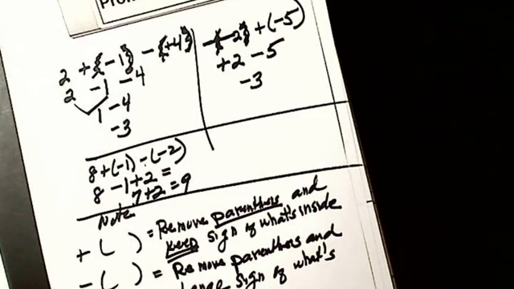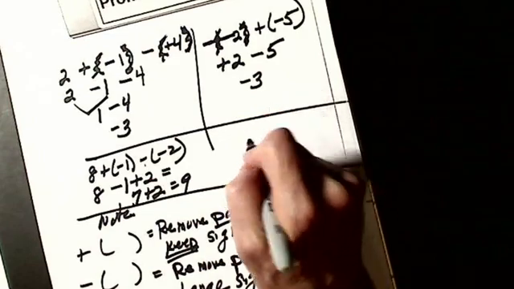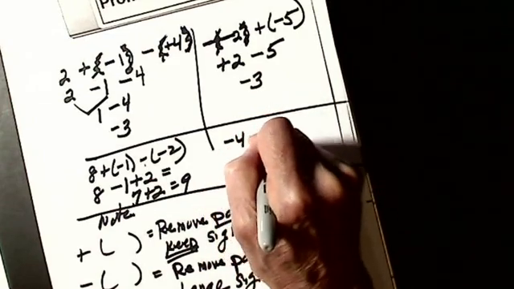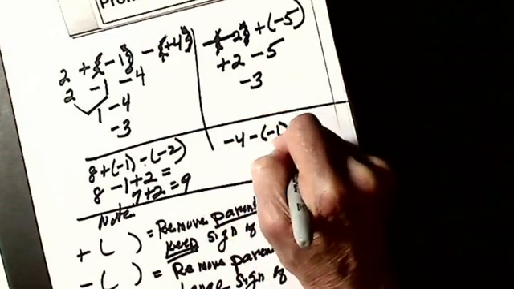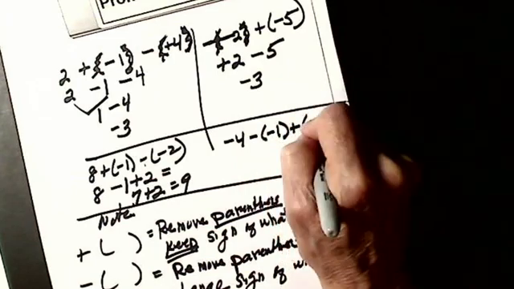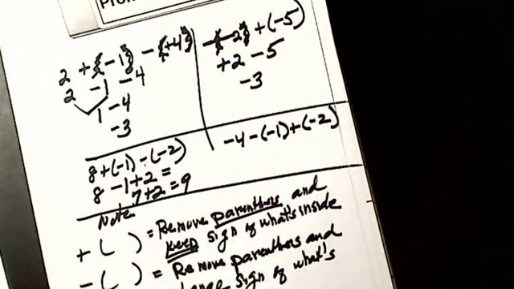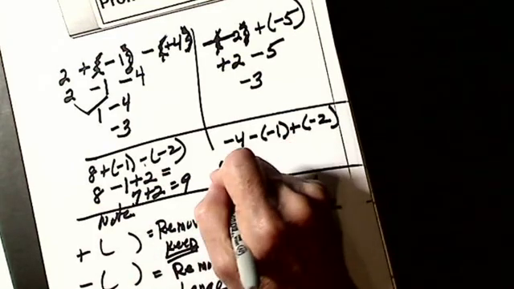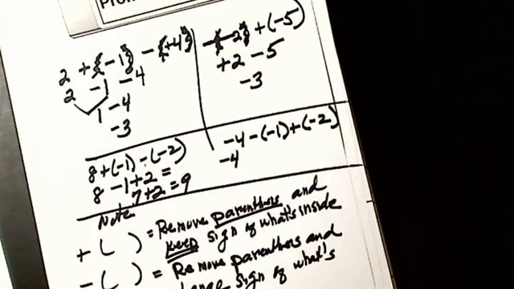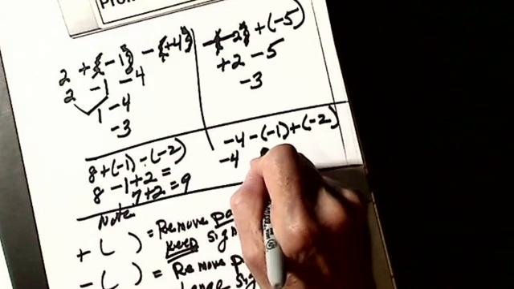All right, let's do another one. Let's see. Negative 4, negative 1, plus negative 2. My negative 4 stays. I'm going to have a 1.